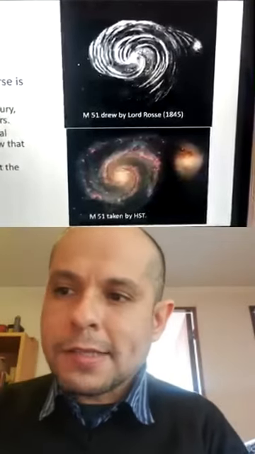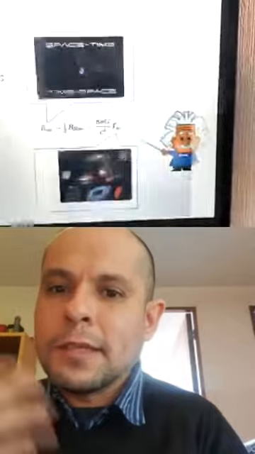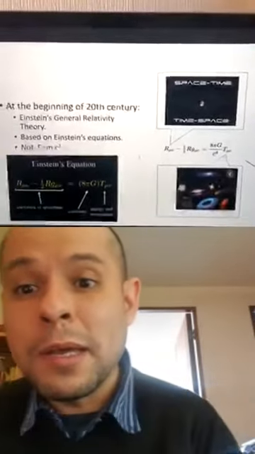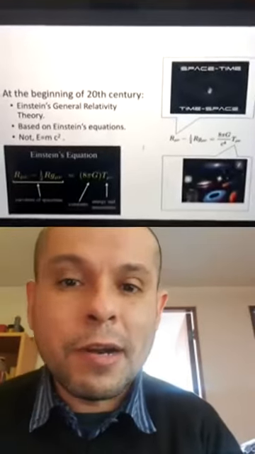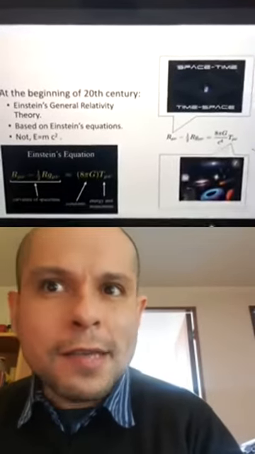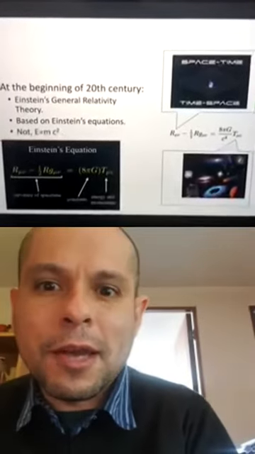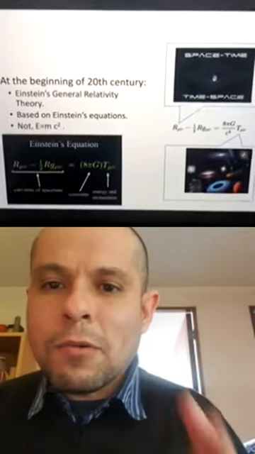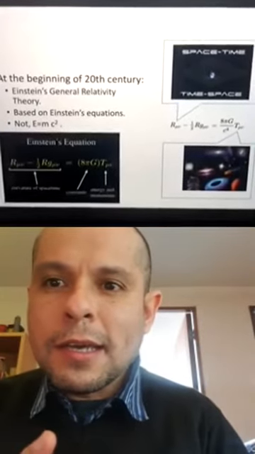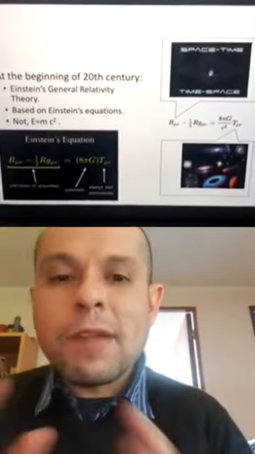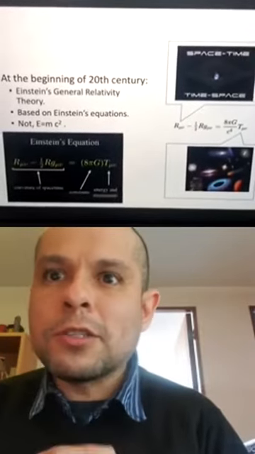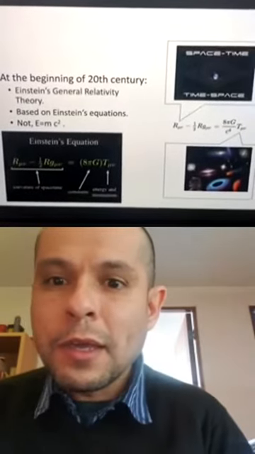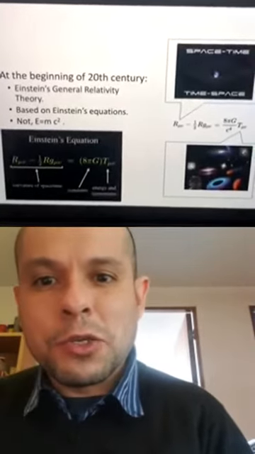In the next slides, you can see that this knowledge of the 20th century was also followed by the development of Einstein's general relativity theory. All of you have heard about Einstein's general relativity, which is basically a modification of Newton's law of gravity, based on the Einstein equations.